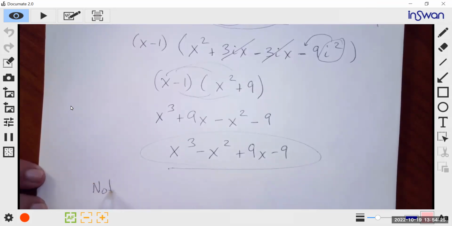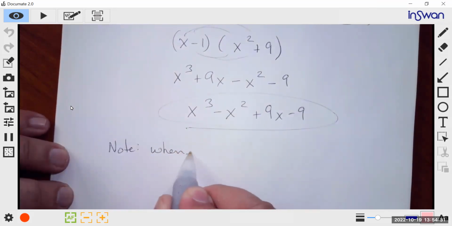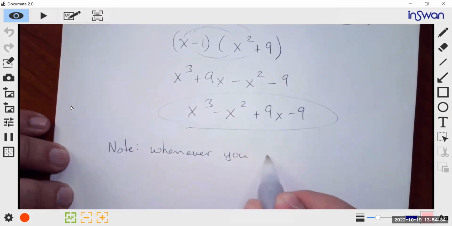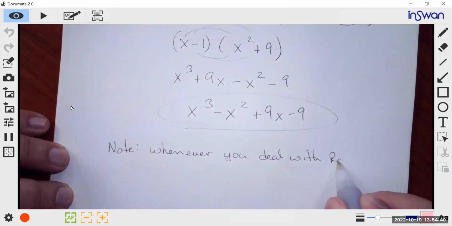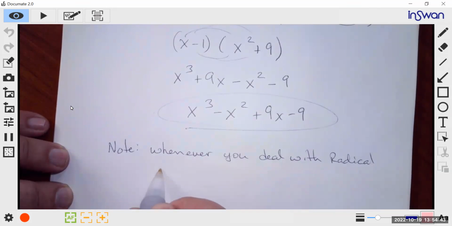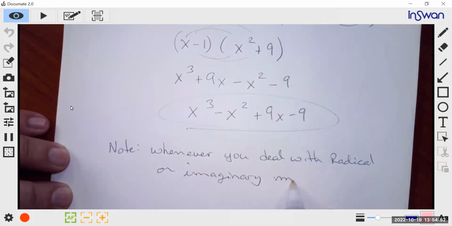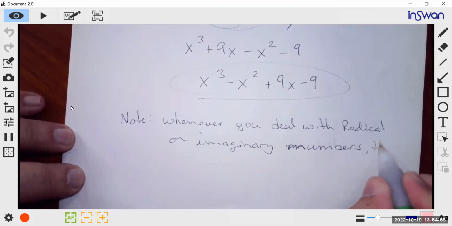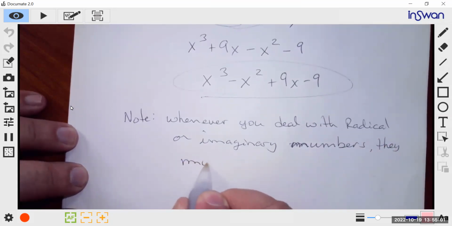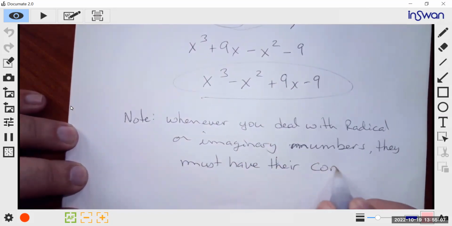Here's a note. Whenever you deal with radical or imaginary numbers, they must have their conjugates.